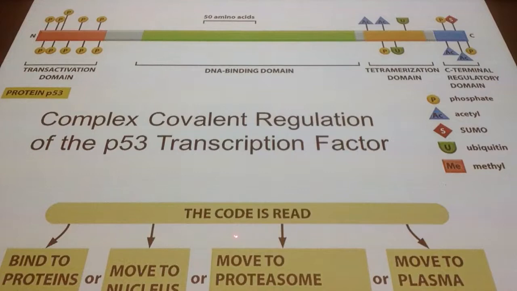Pattern of modification or code, then that leads to different activities by the same protein. So the reason why P53 can have so many functions is because of the different patterns of modification, the different codes that it has. Okay. So again, this is on the more complex end.